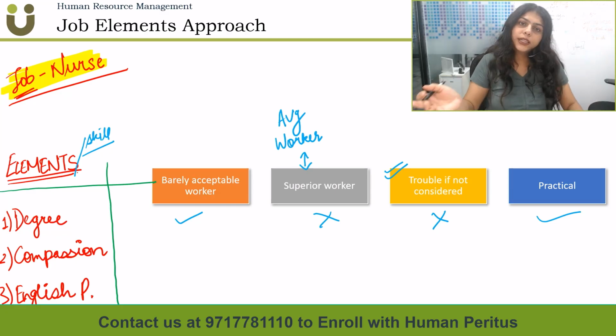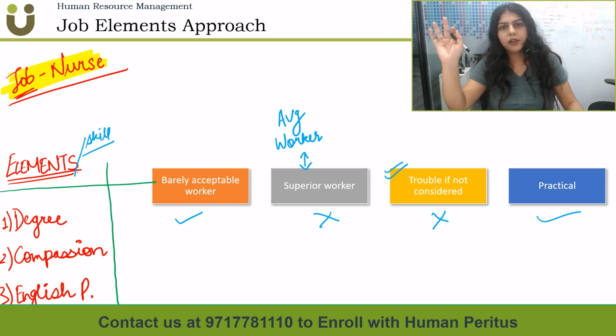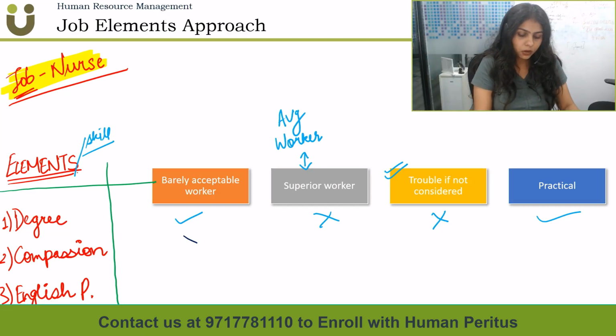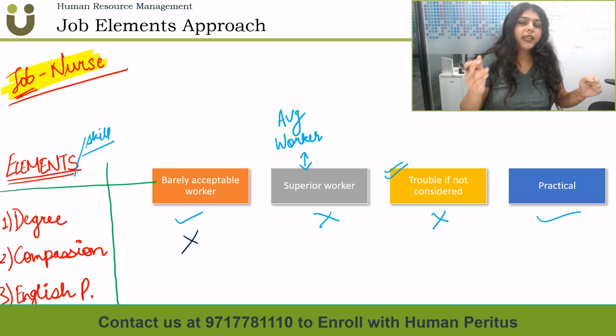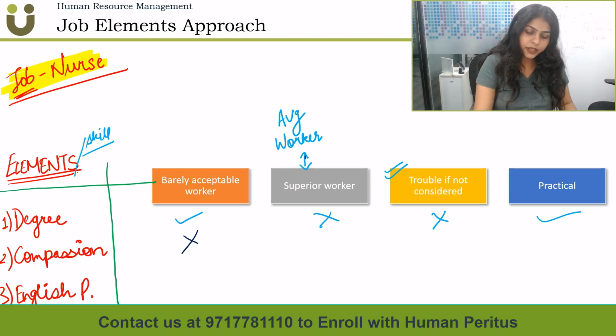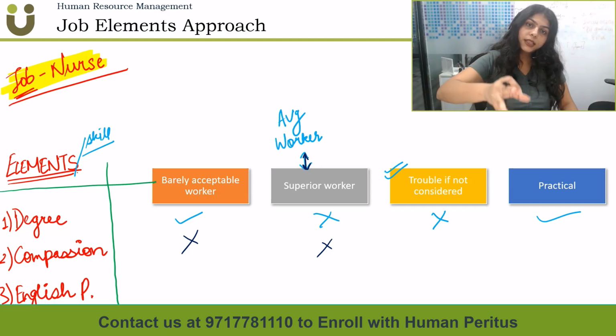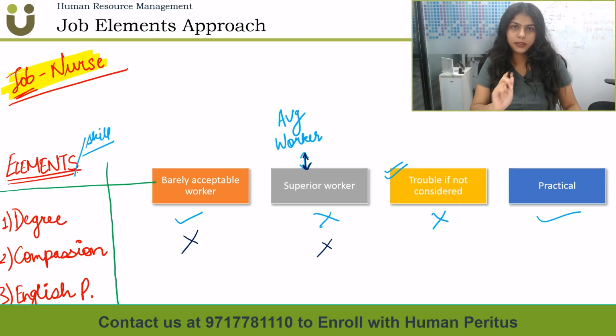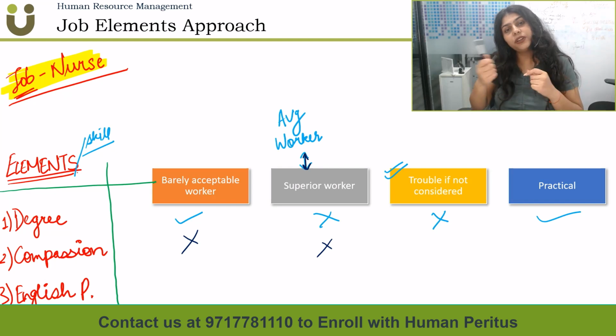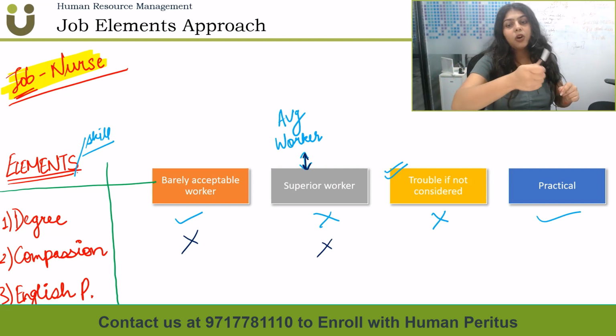The nurse can have compassion, she cannot have compassion, it does not matter. So, no. Does compassion really create a difference between the superior workers and the average workers? I don't think so. Would very advanced coding skills make a difference for a programmer? Yes, they would. So that is how you differentiate between an average worker and a superior worker.